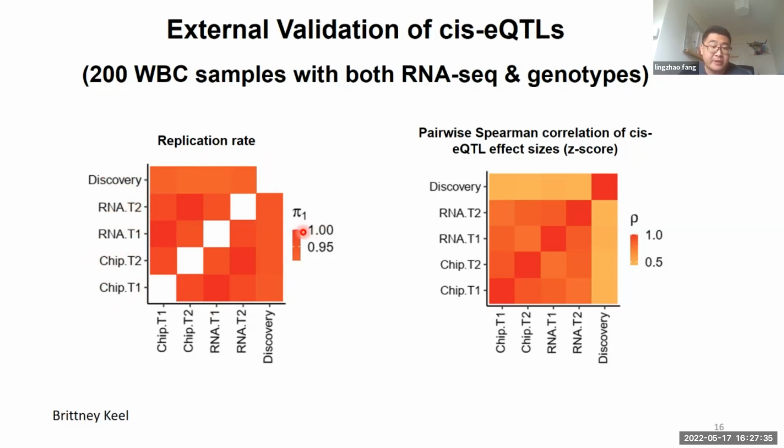On average, you can see we got a very good replication rate, over 0.95. Then we looked at whether these eQTLs have the same direction of effect size, by looking at the correlation. The effect sizes of eQTLs in general are positively correlated across all these datasets.